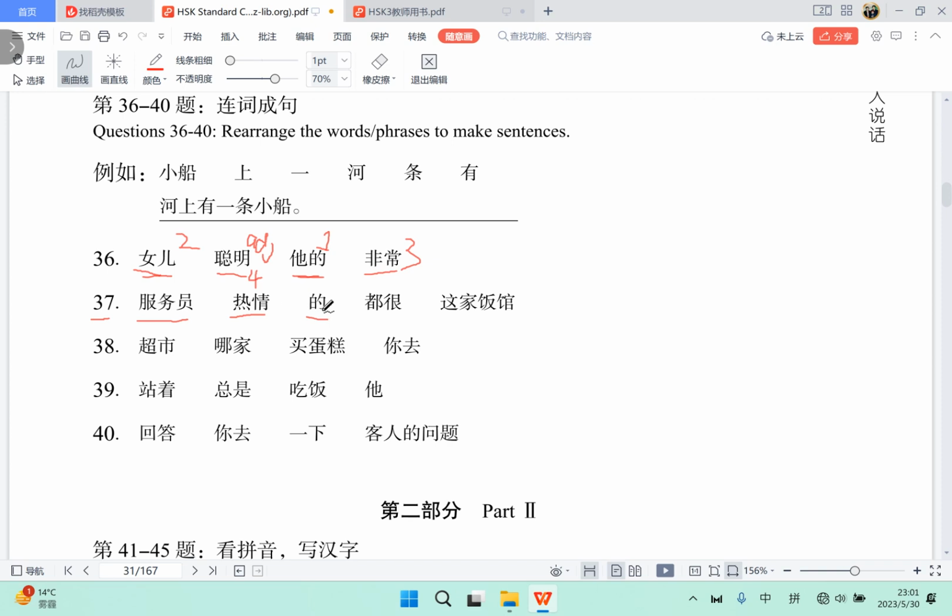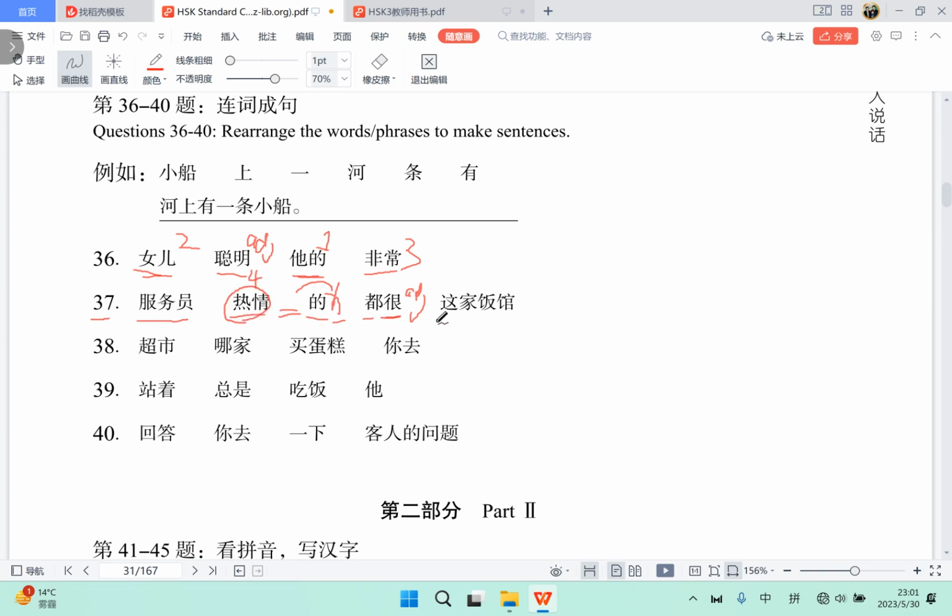Okay, 37: 服务员 waiter, waitress, 热情 very warm, very kind, 的. So this is a mark of the center word, and the word or phrase is an attribute of this center word. So we know this must be a noun, and before that it could be a phrase, could be a verb. And 都很, both, 很 is an adverb of degree, so after 很 there must be an adjective. So the adjective in these words is only 热情, right?